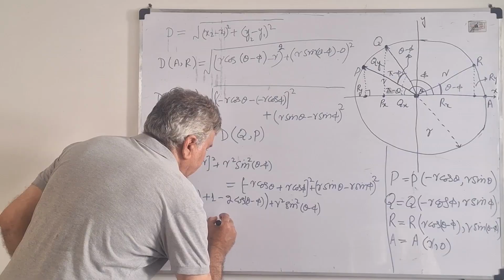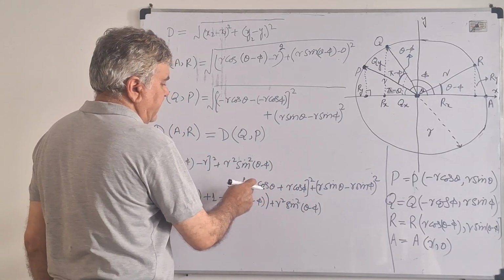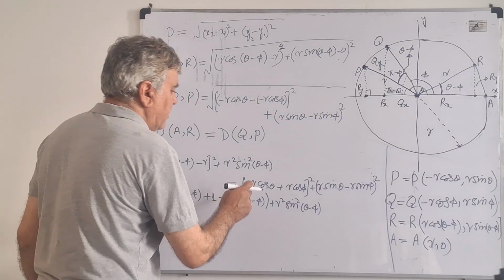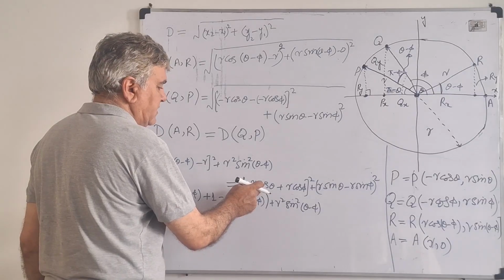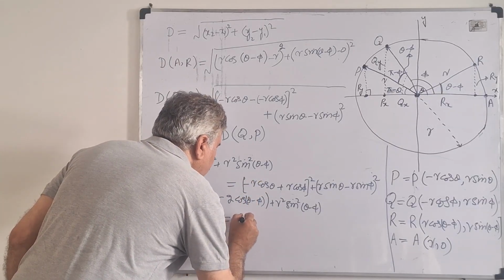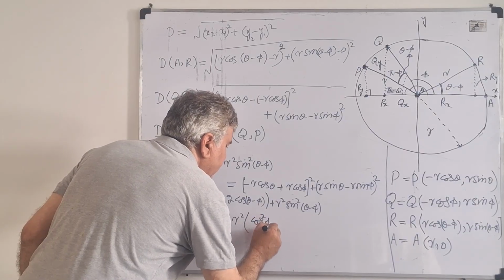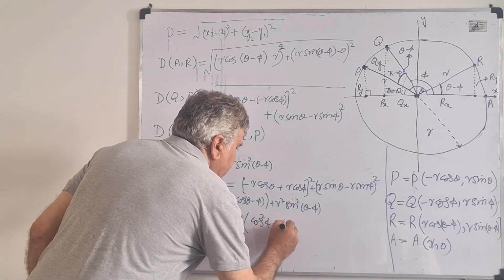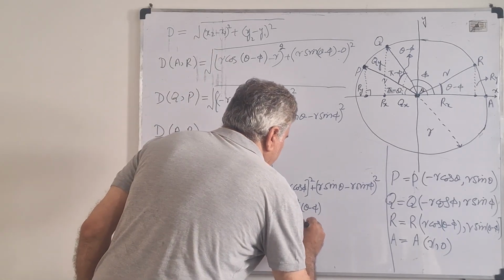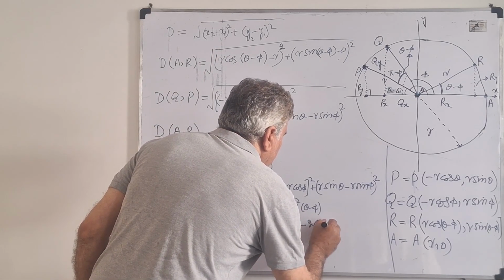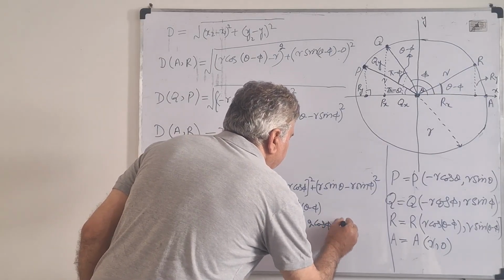And on the left side, I will write that over here, this thing. Again, I can take r squared common, so taking r squared common, I would have cos phi minus cos theta. So I write r squared into cos squared phi plus cos squared theta minus 2 cos phi cos theta.